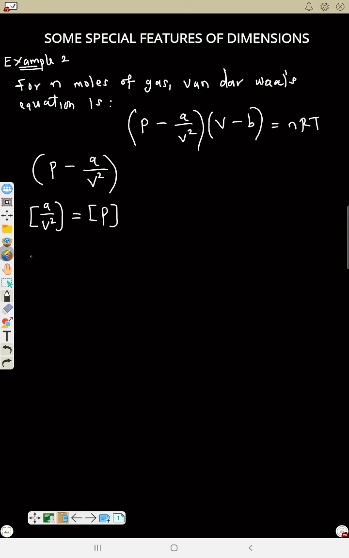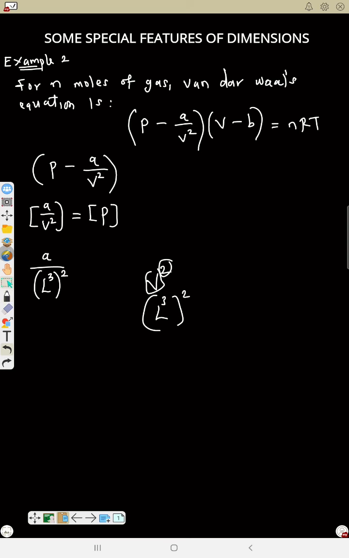Check the question again. That means this will be A over L raised to power 3, because we have found the dimension of volume before, for B. Everything will be raised to power 2, V squared.